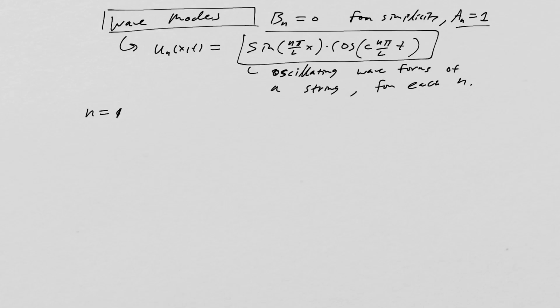If I have n equals 1, this is the first wave mode. What we have, of course, is u1 of x comma t is equal to the sine of pi over L x times cosine of c pi over L t. Let's just have a graph of what this looks like.